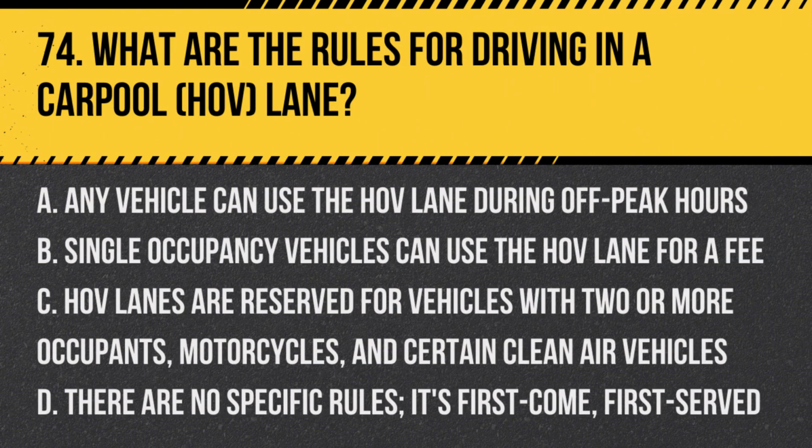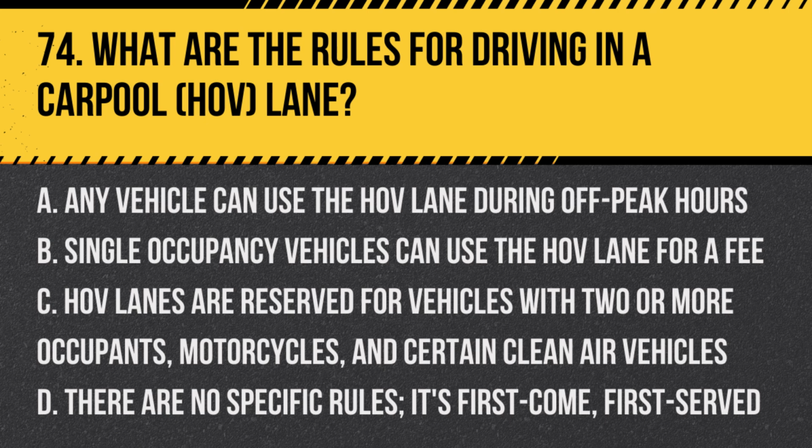Question 74. What are the rules for driving in a carpool (HOV) lane? A. Any vehicle can use the HOV lane during off-peak hours. B. Single occupancy vehicles can use the HOV lane for a fee. C. HOV lanes are reserved for vehicles with 2 or more occupants, motorcycles, and certain clean air vehicles.